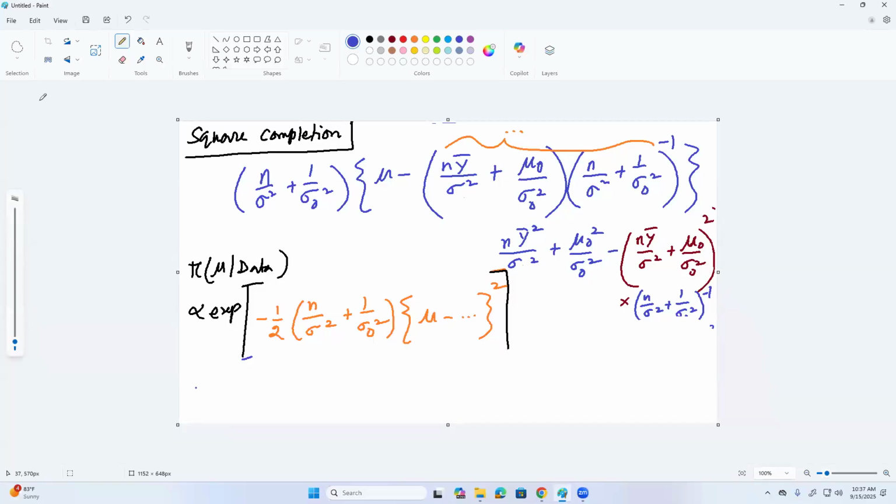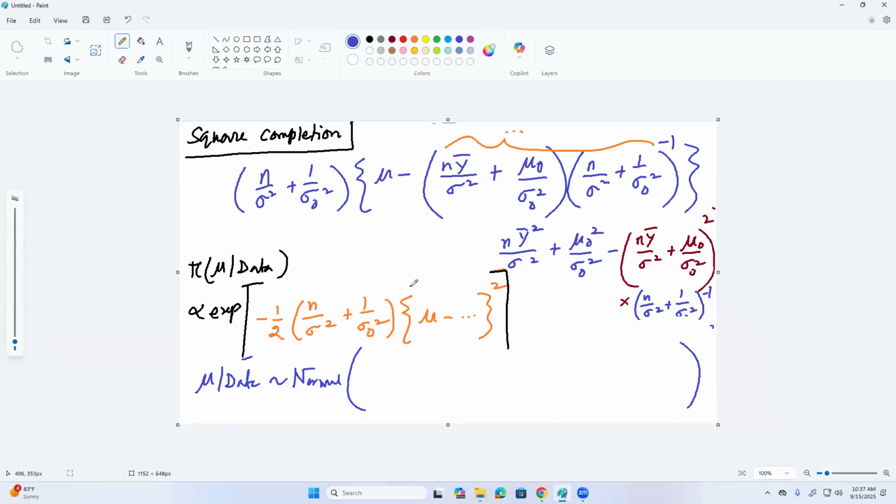So the posterior distribution of mu given data follows a normal distribution with the mean and variance. What is the variance? For a normal distribution, in the kernel part, you have mu minus something, that is subtracted from mu, which is the mean part.